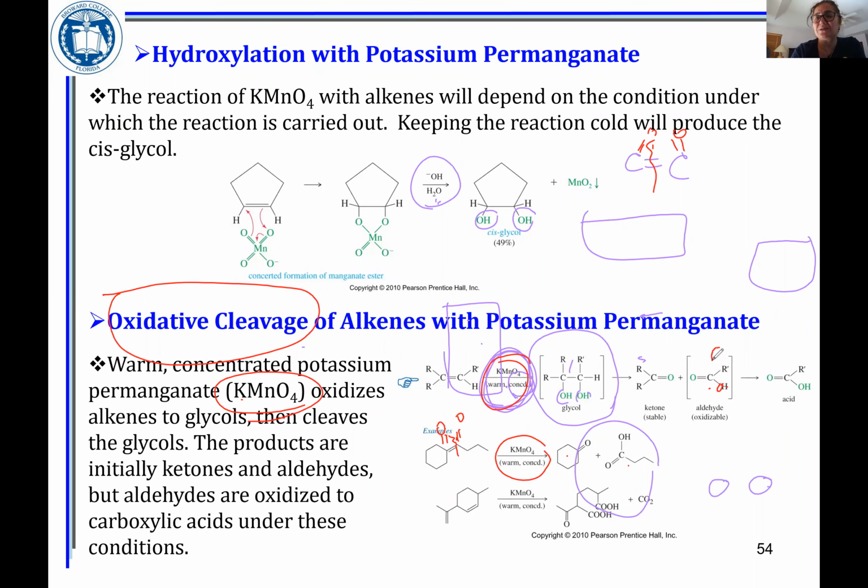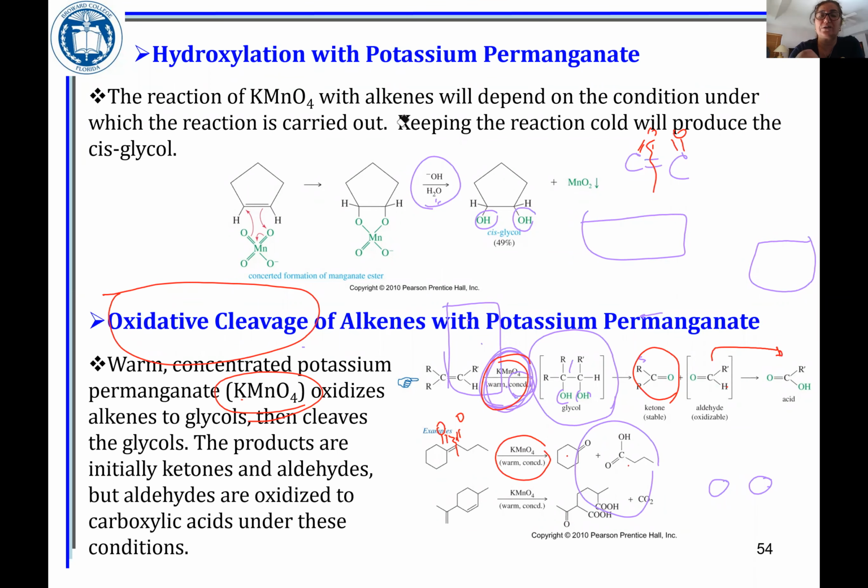So the aldehyde does not stay as aldehyde, it would go to carboxylic acid. But if you have a ketone, it will stay as ketone because you cannot oxidize a ketone further. In order to add oxygen, you must have a hydrogen attached to the carbon, where the aldehyde has that hydrogen. So you can do further oxidation.